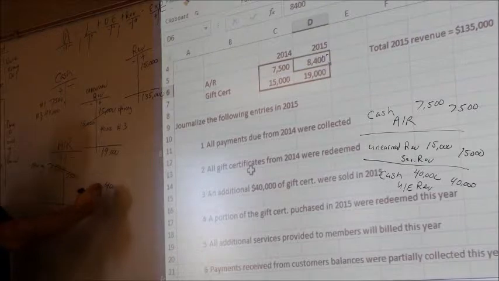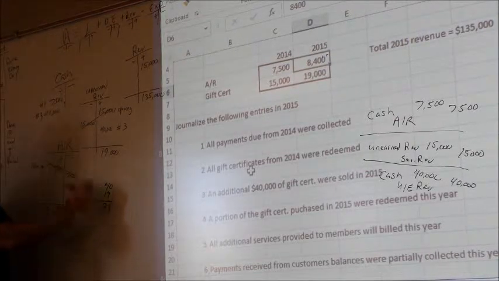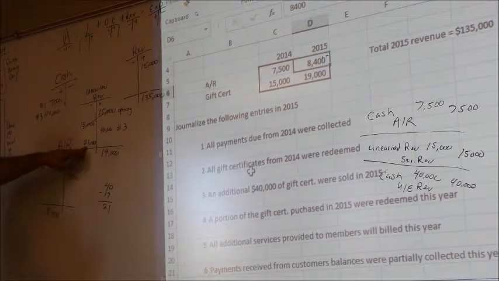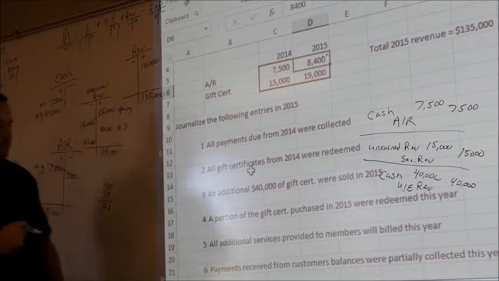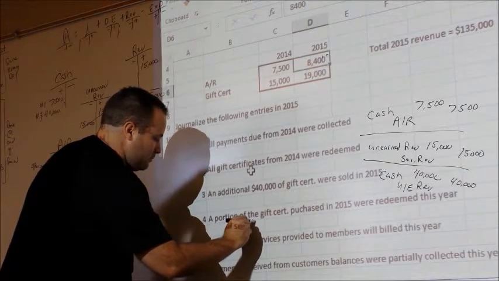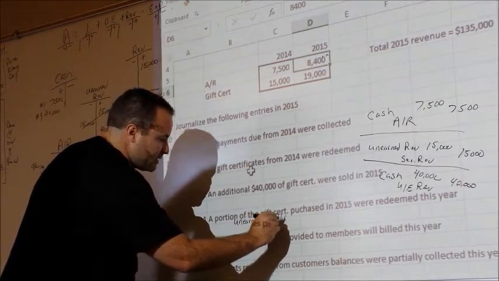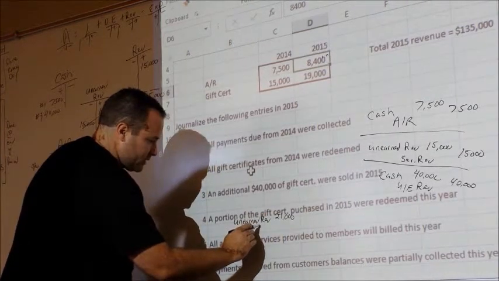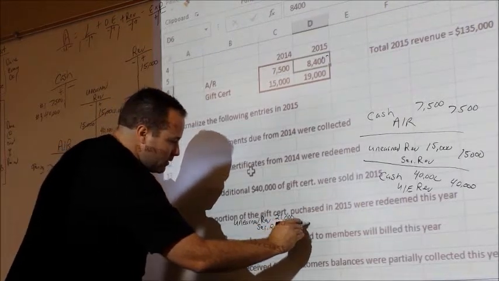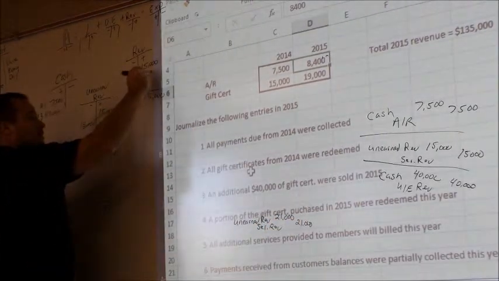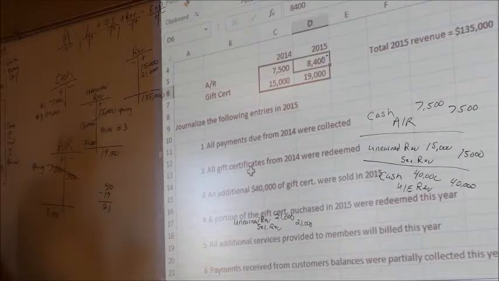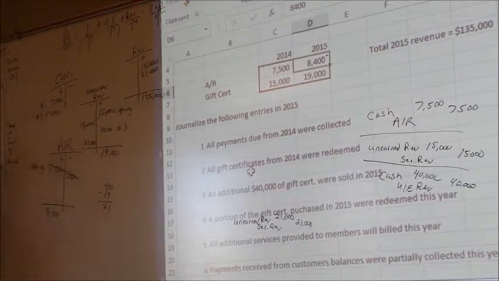What did I have to do to get from 40 to 19? I needed to get rid of 21,000 in unearned revenue. Unearned revenue, 21,000. And Melissa, the credit was to what? Service revenue. Yep, service revenue. So I've just explained where more of this 135,000 came from. It came from more gift certificates that were paid ahead of time.